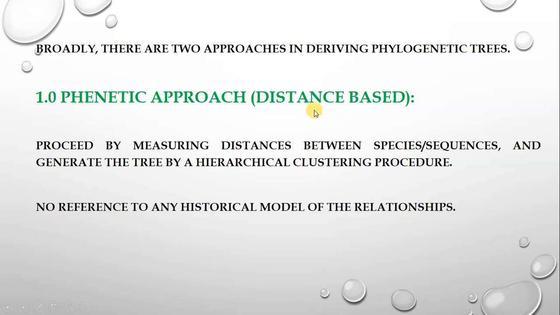In the distance-based approach, the computer or the algorithm will look for the distances between two or more sequences, and based on those distances they will cluster the sequences into separate nodes, and ultimately they will make a tree for you.